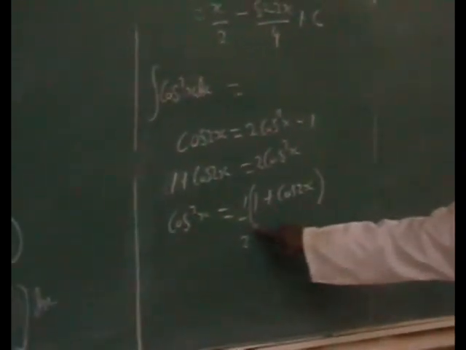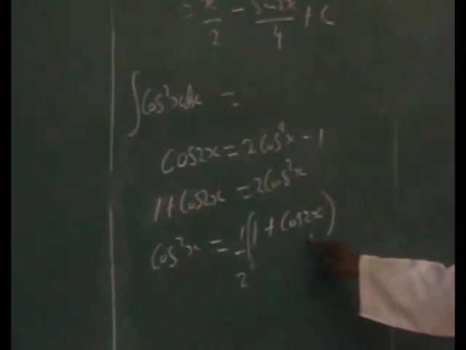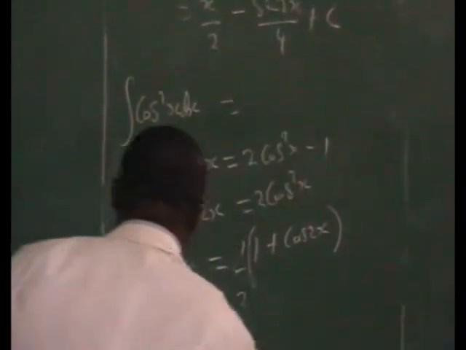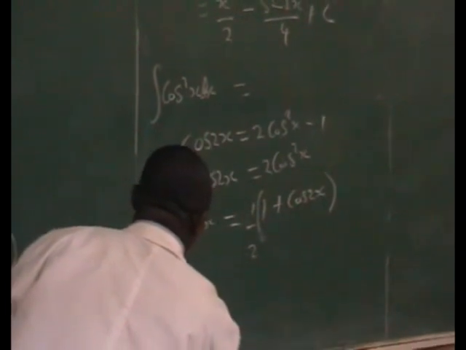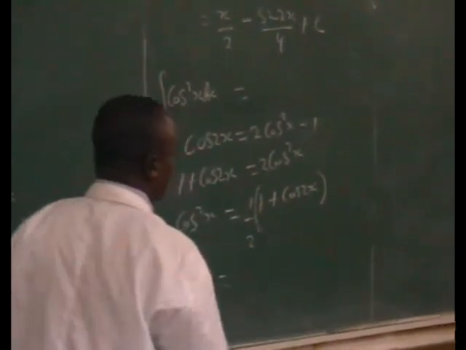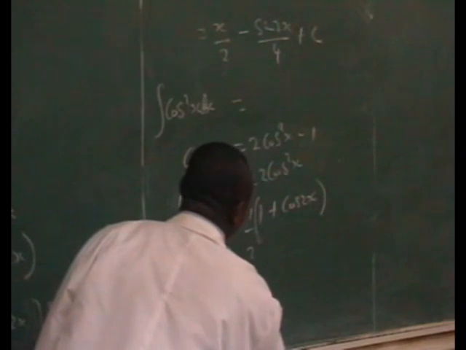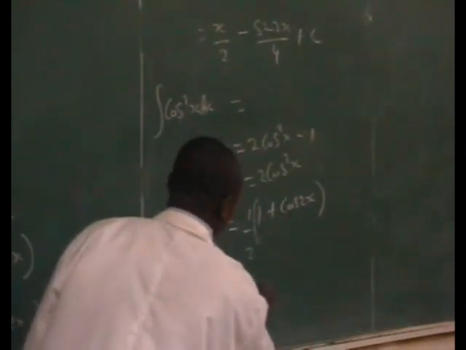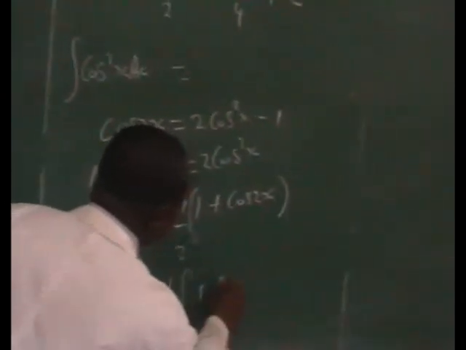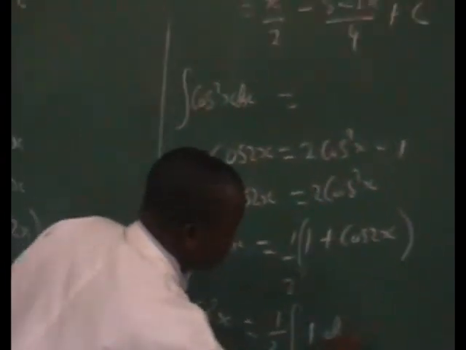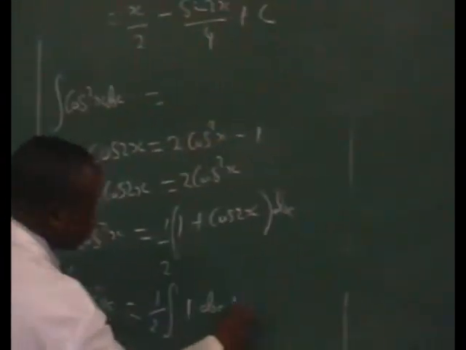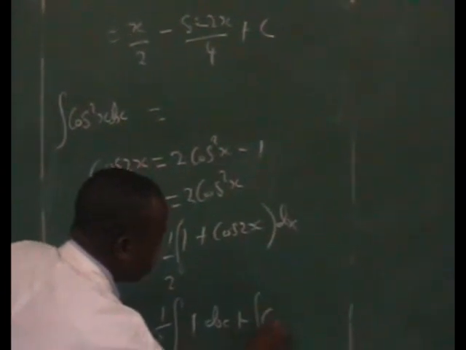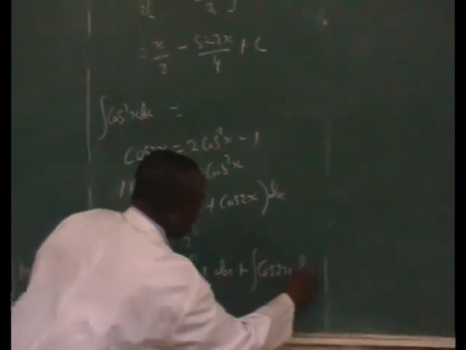1 over 2, 1 plus cos 2x. So I can now integrate cos square x, where I will have 1 all over 2, integral 1 dx plus integral of cos 2x dx.